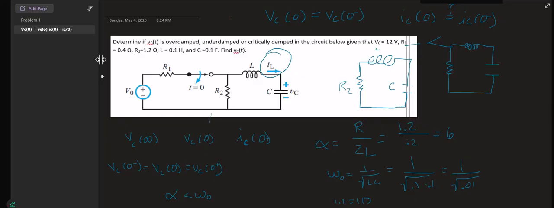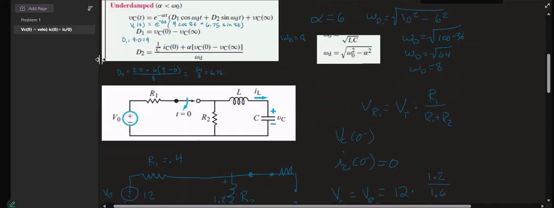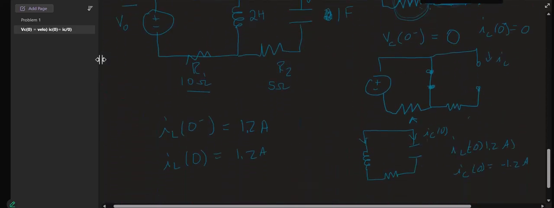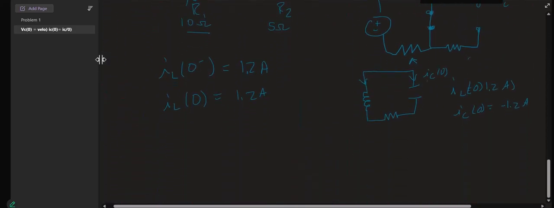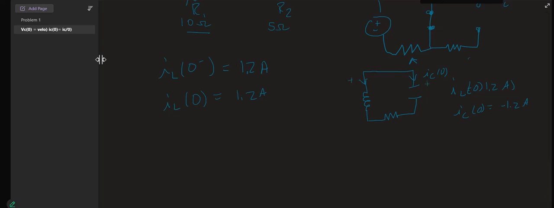I used the direction that was given to me. The direction given to me for IC was going down like this. And since IL was going in this direction, and I know IL can't change, and IC is going in the opposite direction, it's negative.